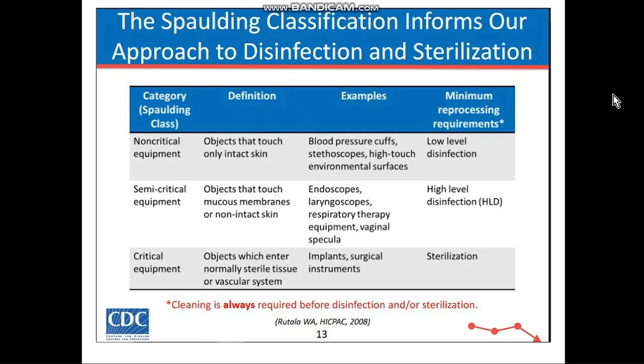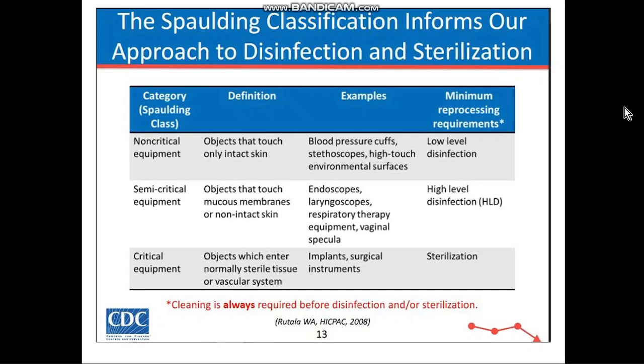These are the objects or equipment that touch mucous membrane or non-intact skin, for example endoscopes, laryngoscopes, respiratory therapy equipment, vaginal specula, etc. These should be sterilized or disinfected with high-level disinfectants. Examples of high-level disinfectants are aldehydes, which might be glutaraldehyde, formaldehyde, or orthophthalaldehyde, and hydrogen peroxide, peracetic acid, etc.